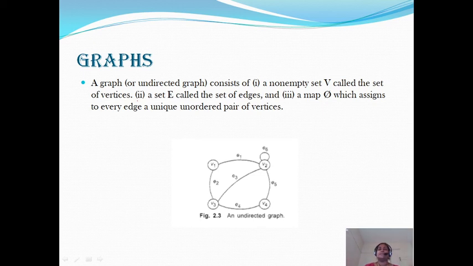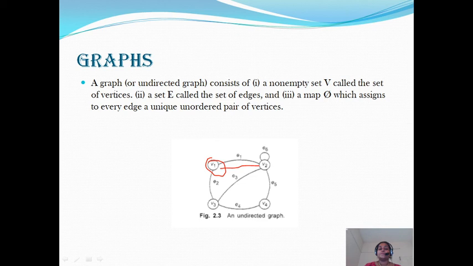Simply, any diagram that consists of nodes. This circle is called a node and this is called a line. This type of diagrammatic representation, or arrangement of data, is called a graph.